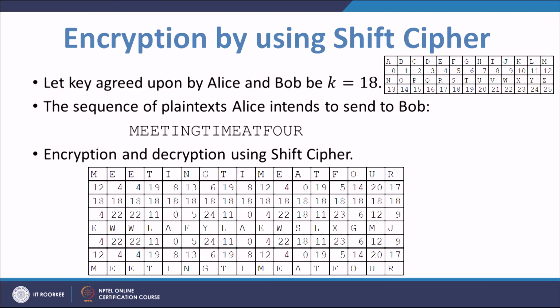Here in this table we see that m is 12, so we write 12 here. e is 4, so we write 4 here, again e which is 4, then we have t which is 19, so we write 19 here, i is 8, we have written 8 here, then n is 13, we have written 13 here, and so on we write the whole sequence of letters.